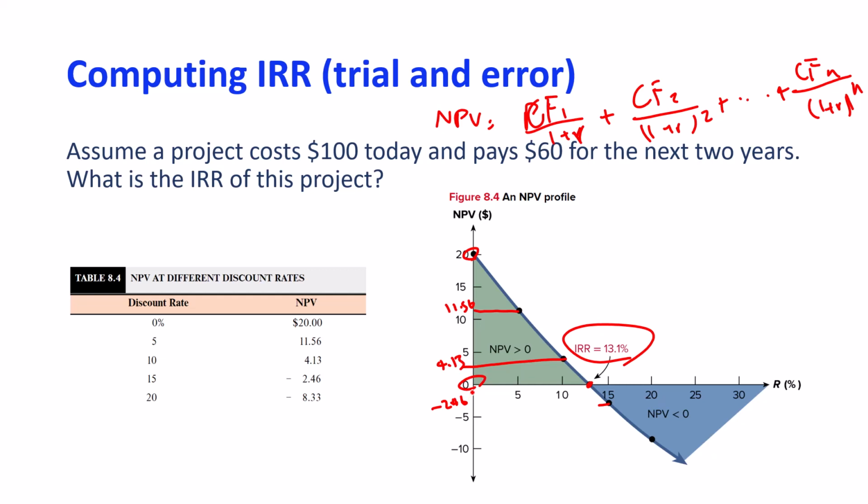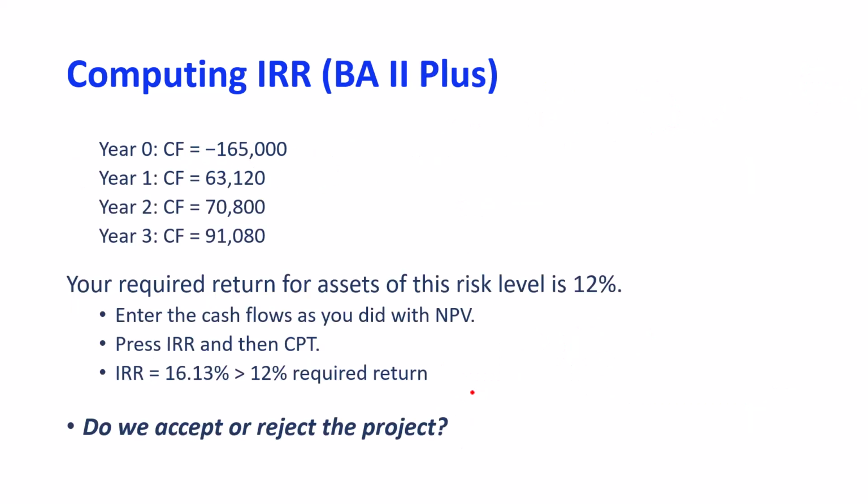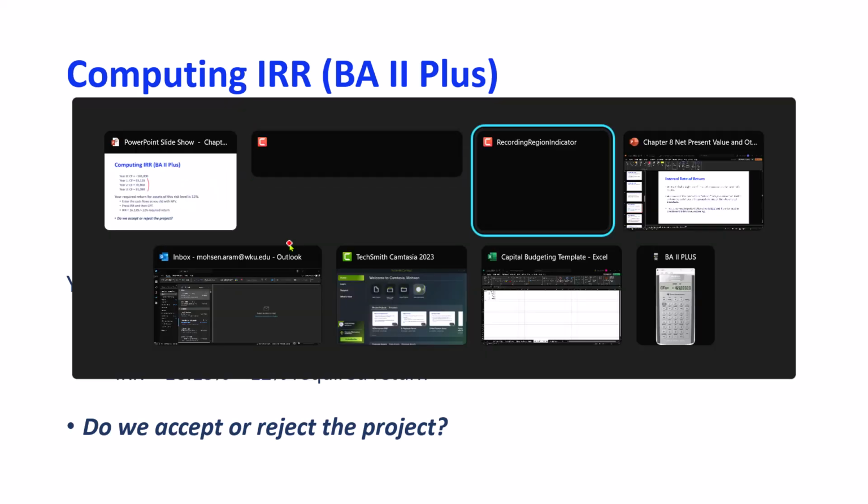Of course, nowadays we have access to financial calculators and we can calculate the IRR very easily. Going back to the original cash flows that we had, $165,000 cost of the project today, and cash flows from year 1 to year 3 are these. Let's use the BA II Plus financial calculator first.